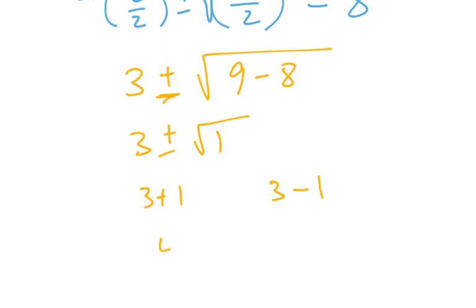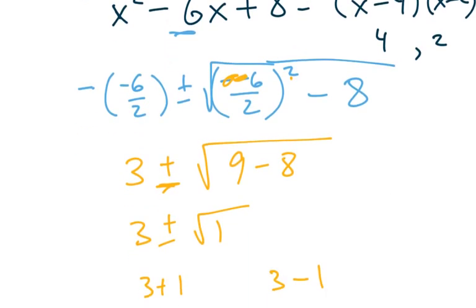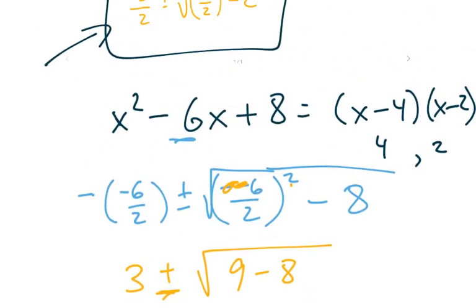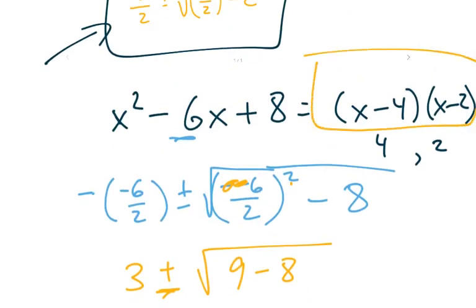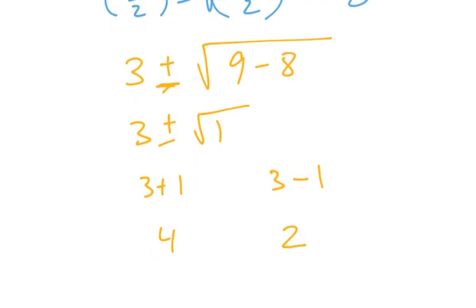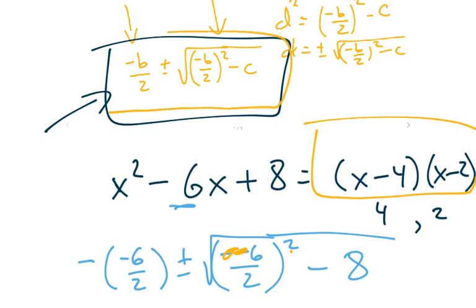So 3 plus 1 is 4. 3 minus 1 is 2. And there's our answer. You can see that in a situation like this, it still makes sense. If you can factor it quickly, go ahead and factor it. But you do see how this formula right here is way easier than the quadratic formula.